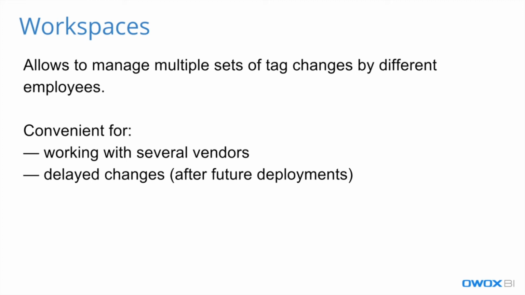And the next option is when you plan some deployment of new functionality, but you know already how you want to track it. So to make it in advance, you can prepare changes to the analytics parameters first, and then you can prepare this workspace, and when the deployment is live, then you can submit these changes, and in this way you will start to collect data.